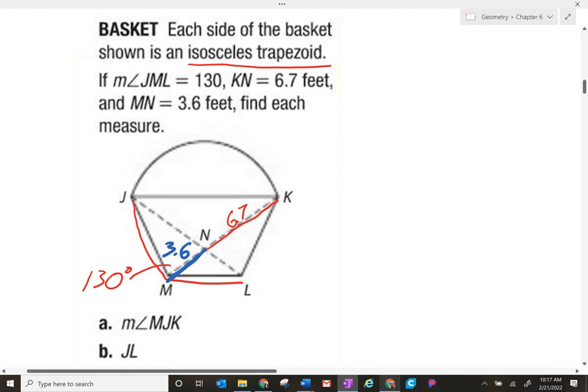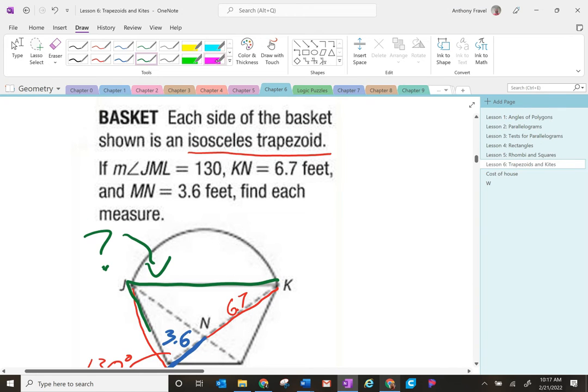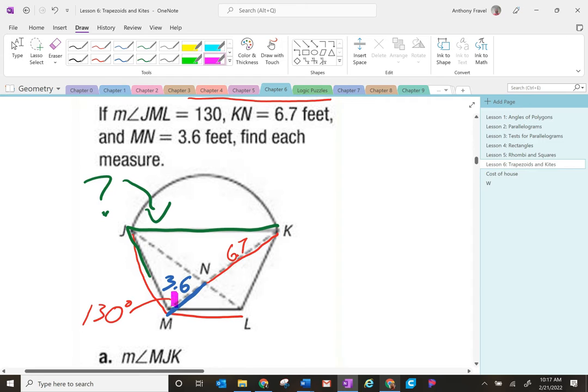This one wanted me to find MJK. They want me to find that angle right up there. Using some highlighters because it lets me draw some things quicker. This angle and this angle are the same. This angle and this angle, I do not know.